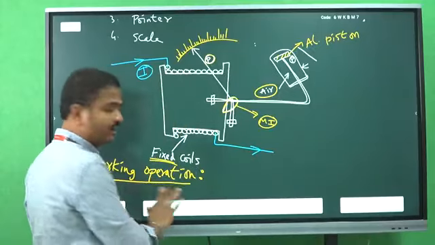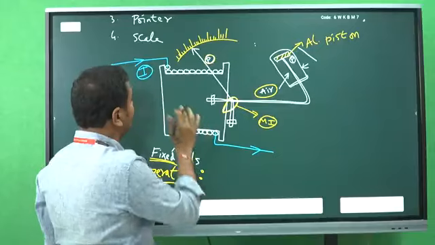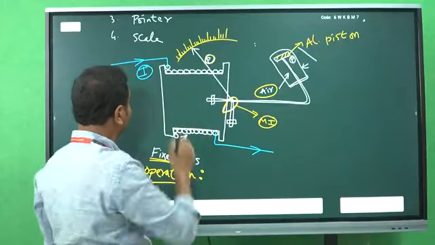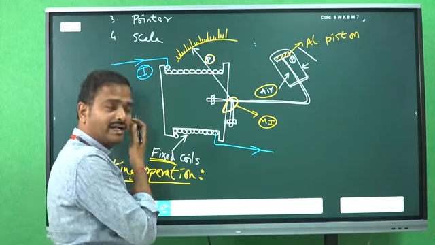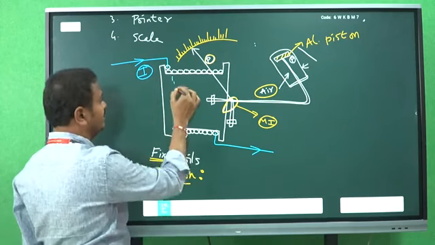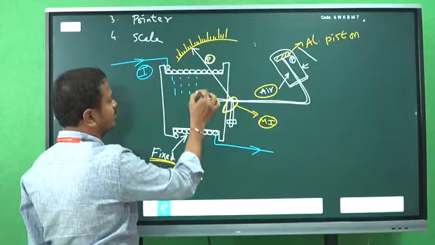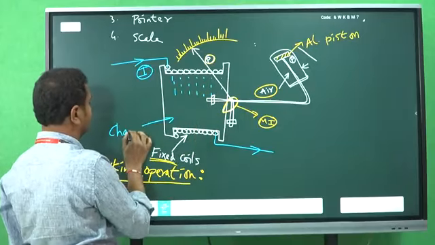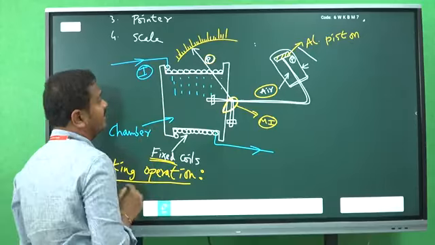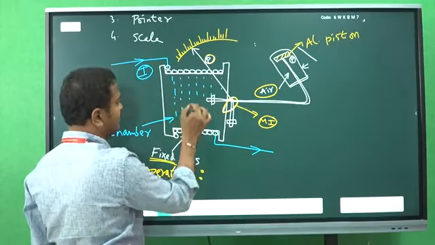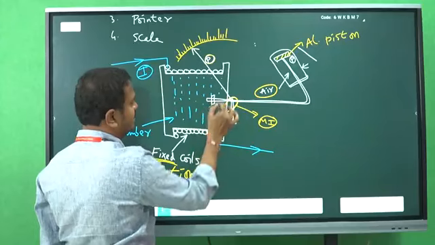Coming to the working operation. Whenever current is flowing through the fixed coil, a magnetic field will be produced inside the chamber. So this is the chamber. Magnetic flux lines are produced inside the chamber.